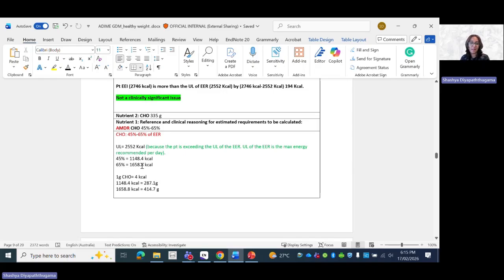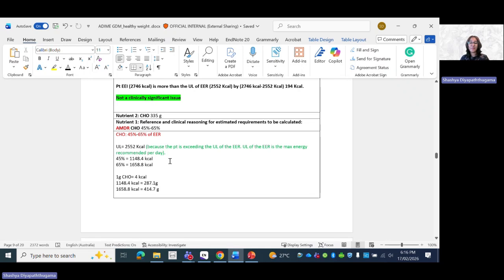So we do calculate 45% of this value is 1,148 kilocalories, and 65% of 2,552 is 1,658 kilocalories.